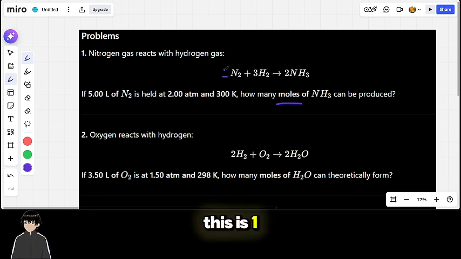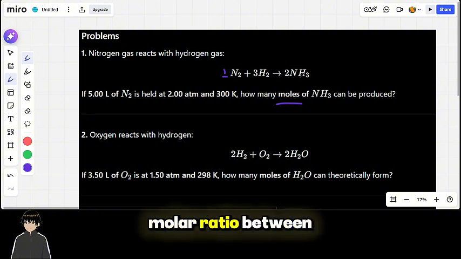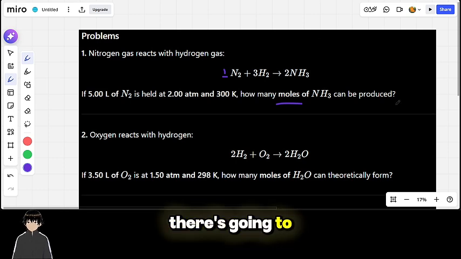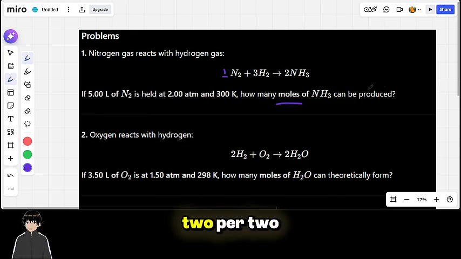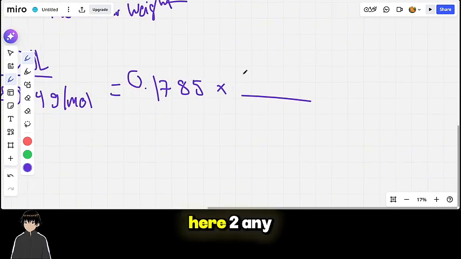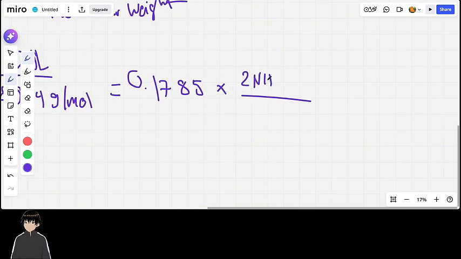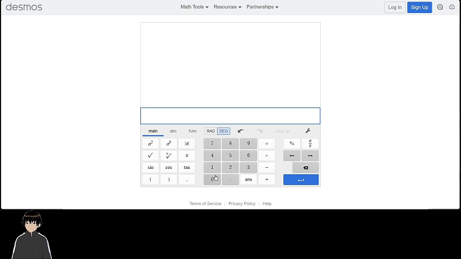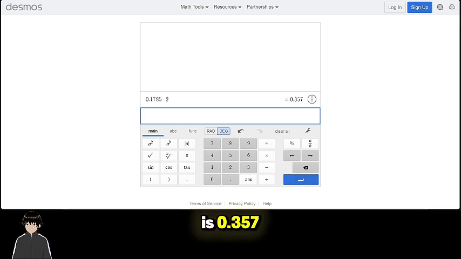This is 1, and 3, and 2. So we're trying to find NH3. What is the molar ratio between NH3 and N2? There's going to be 1 N2 per 2 NH3s. So we have here 2 NH3 divided by 1. 2 divided by 1 is 2. So 2 times 0.1785 is 0.357.